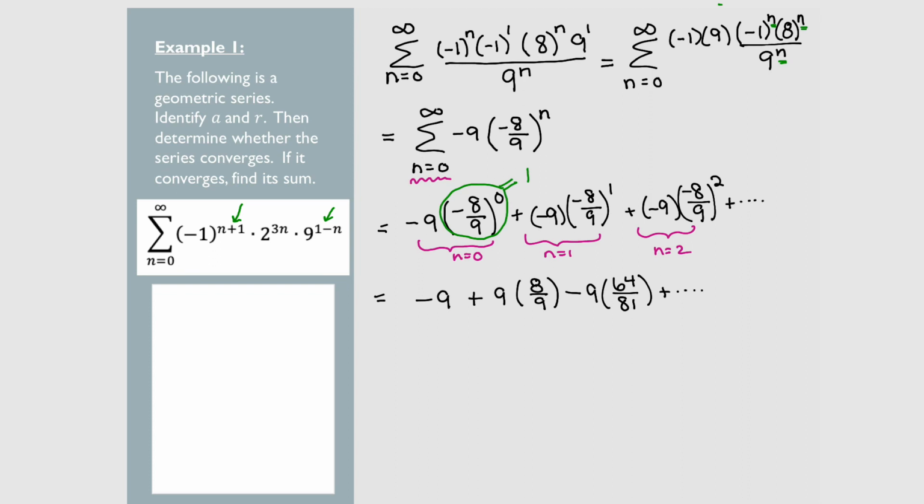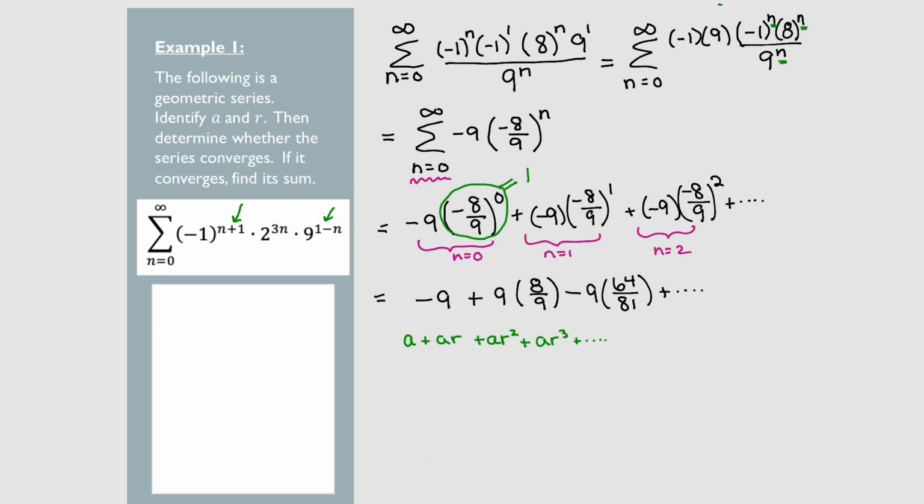Now the question is, what is my A value? Well, we learned in class that A is your starting value when you list out your geometric series, right? A plus A times R plus A times R to the second plus A times R to the third, etc. And the geometric series is created by taking this ratio that we're multiplying by on each term, this common ratio.